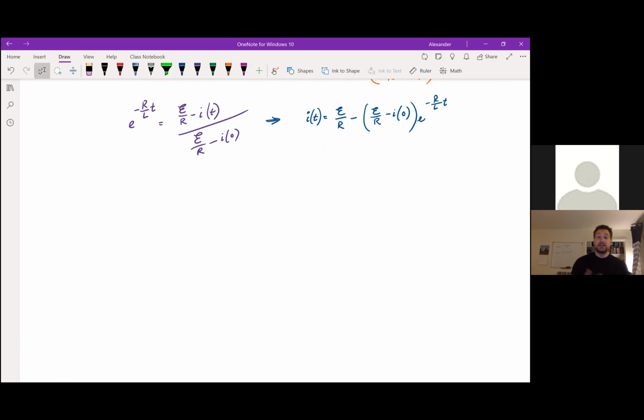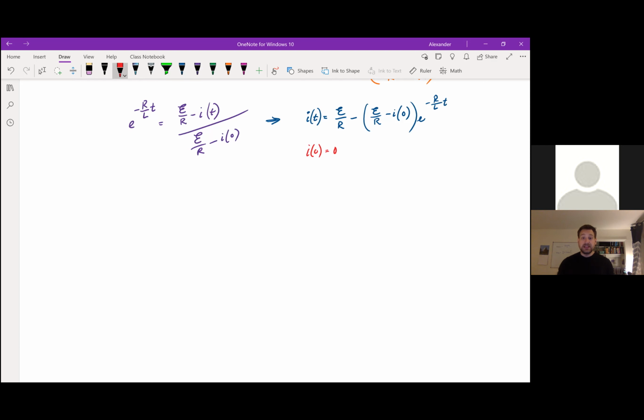Except for the fact that in this case, we know for sure that I sub 0 is 0. That's the initial condition. Right when we flick the switch to closed, there is no current flowing yet. It's about to change, but it hasn't yet.